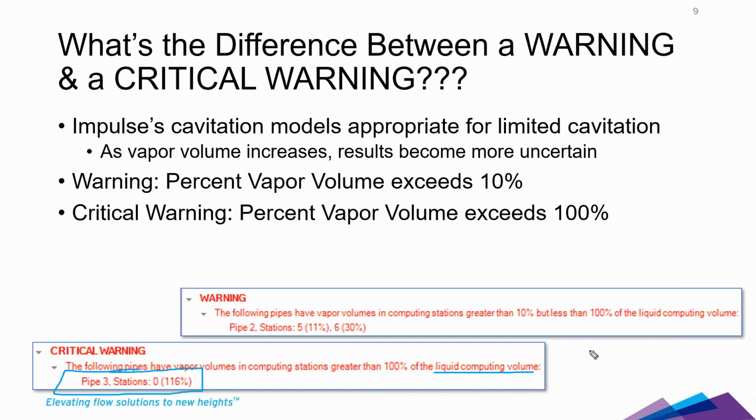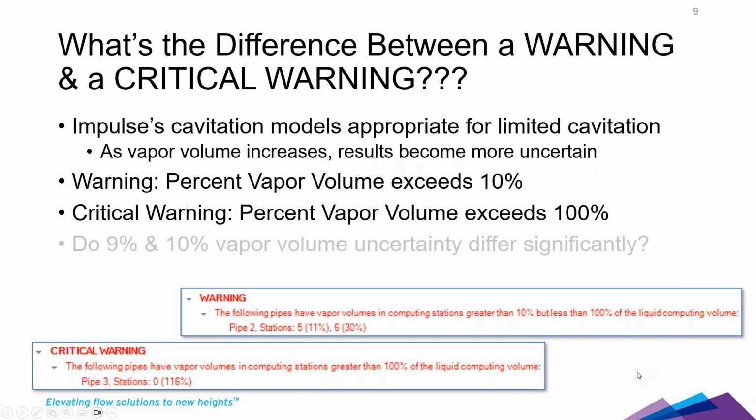This just means that you have a very, very large vapor bubble that has grown. Again, the more that your vapor volumes become larger in size, the more uncertain the results are.